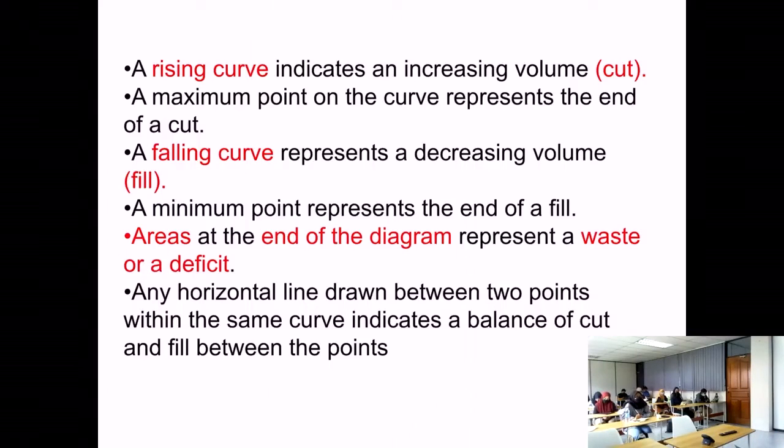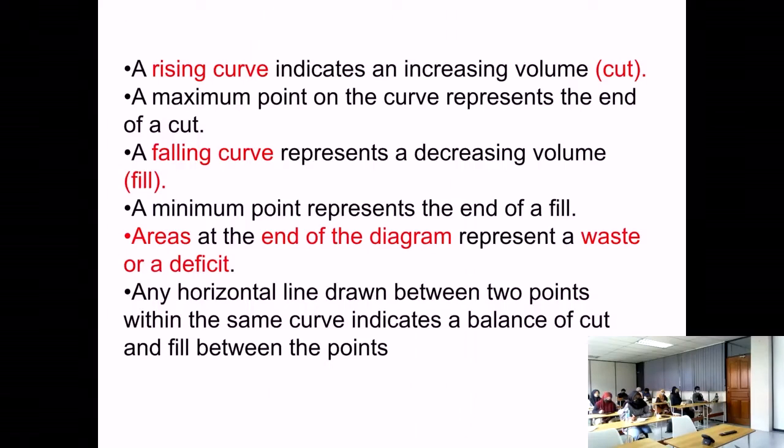Either it doesn't touch the line from below or doesn't touch it from above. That will tell you whether it is a waste or a shortage. When the project finishes at the end, you know already whether there is excess soil or not enough. Then you can plan where to buy or sell.